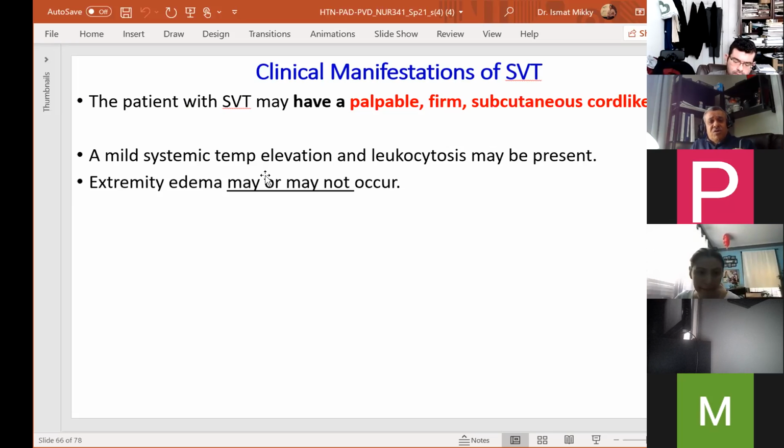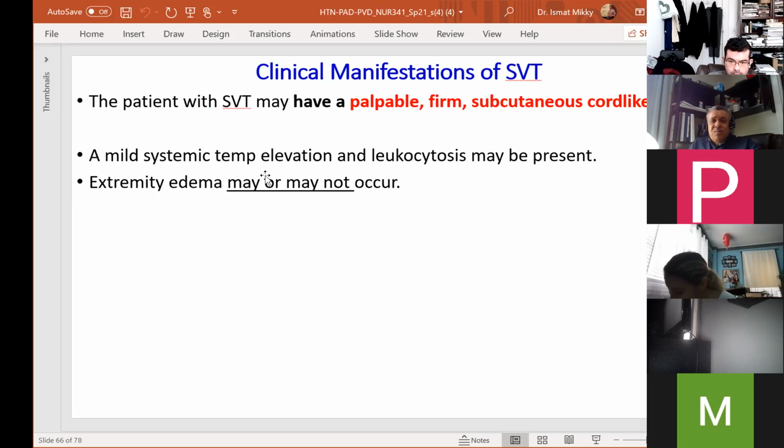Mostly it results when an IV catheter is inserted in the hand, arm or forearm. Manifestations include pain, tenderness, warmth, erythema, which is redness, swelling, and a palpable cord-like vein, very similar to SVT.